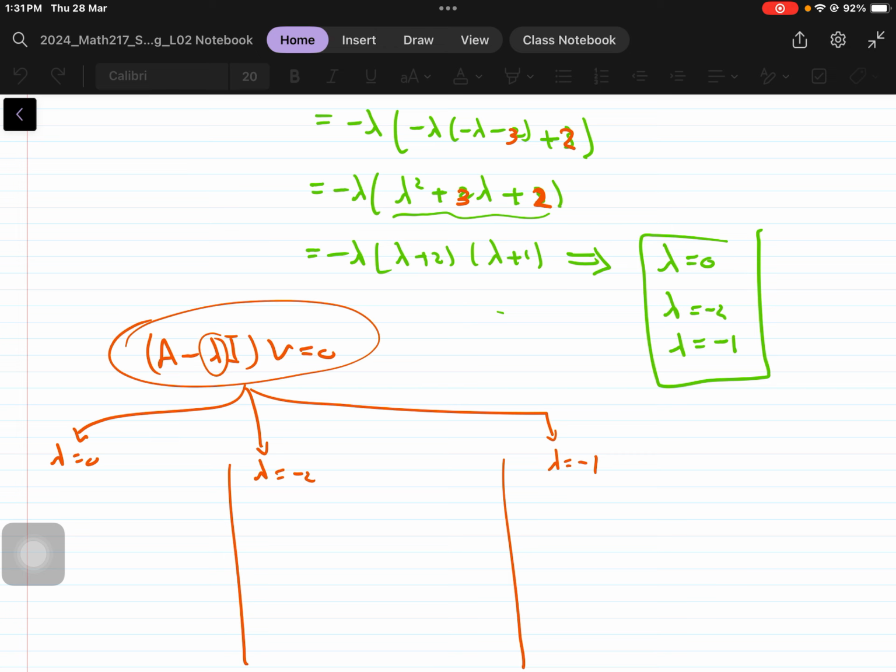find the v. So where we substitute, you will always find this part you calculated before: A minus lambda I, it's always this matrix that you got here.